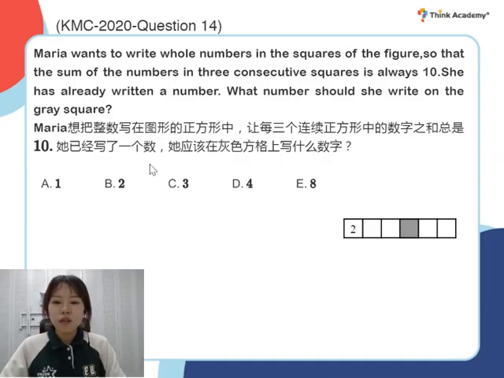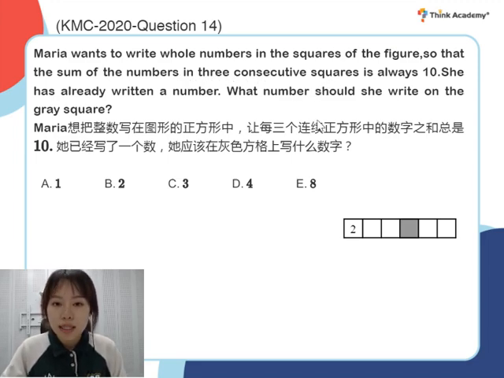Let's see. The first one: Maria wants to write whole numbers in the squares of the figure so that the sum of the numbers in 3 consecutive squares is always 10. So what do you mean? What means consecutive? Very good. Consecutive means next to each other. Let me give you one example.